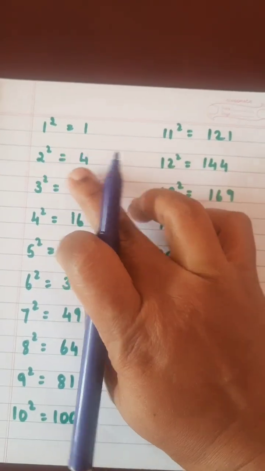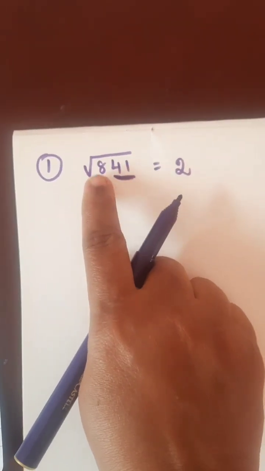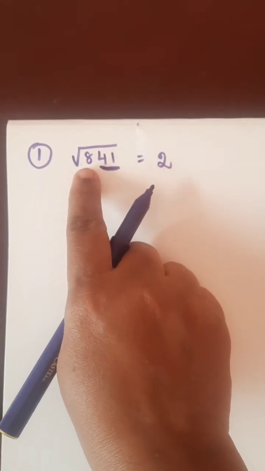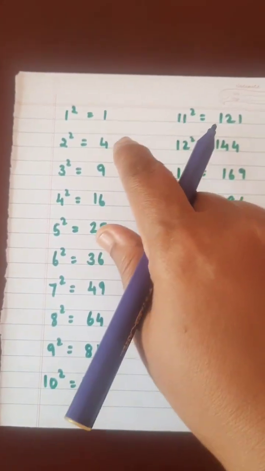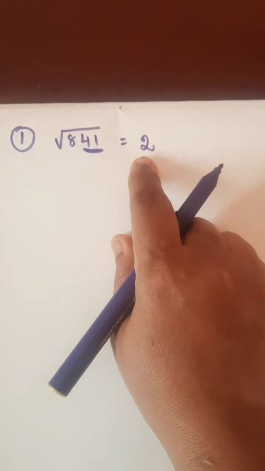That is 2 square, which is 4. The nearest lesser square number for 8 is 4, and that 4's square root is 2. So, I am writing it here.